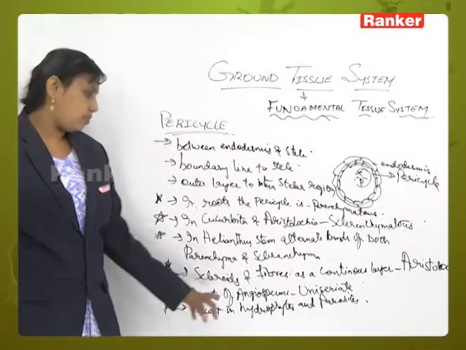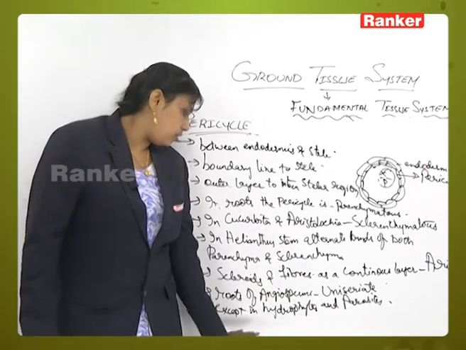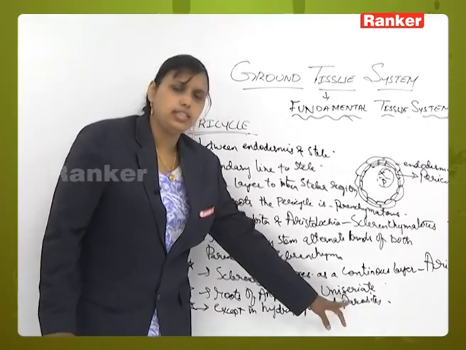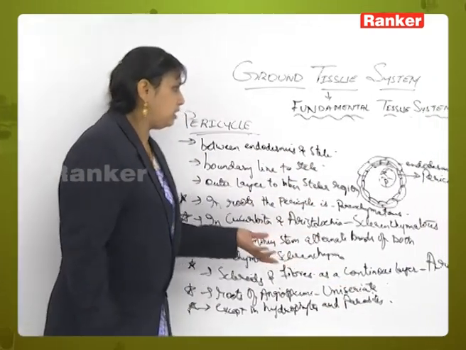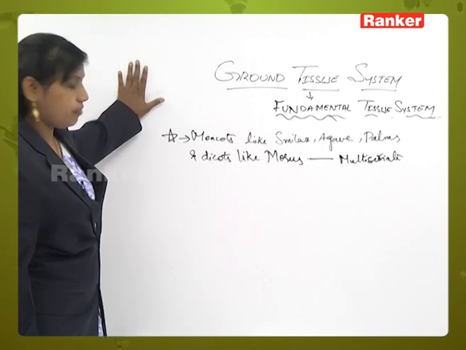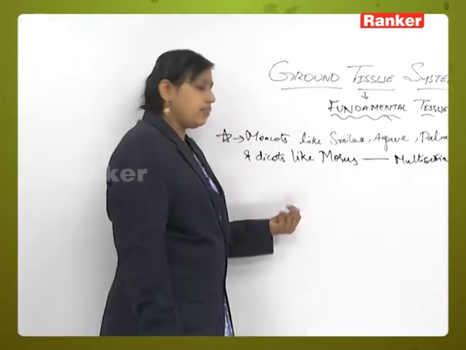What does it mean? Roots of all angiosperms are uniseriate except in hydrophytes and parasites. It means that in hydrophytes and parasites you do not see the pericycle arranged in uniseriate form; you may see variation.